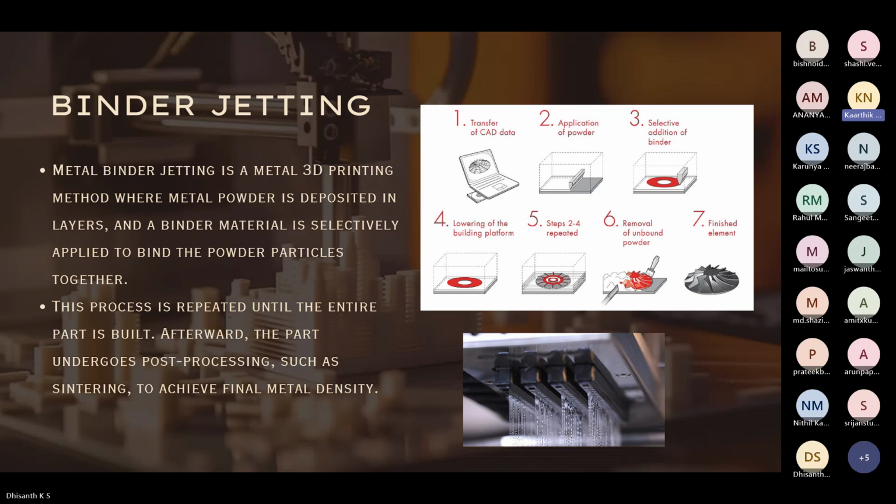After that the part undergoes post-processing such as sintering to achieve final metal density, like we see in the image. After repeating the same processes until the final product is obtained, we have some excess powder which hasn't been jetted onto the material. We remove it and we get the final product.